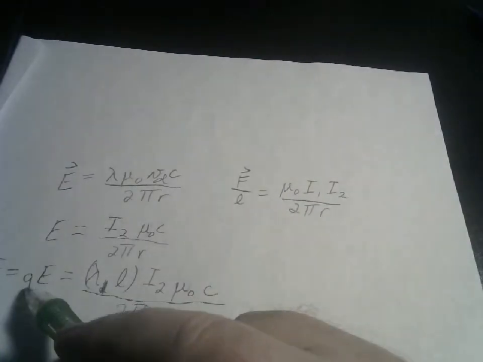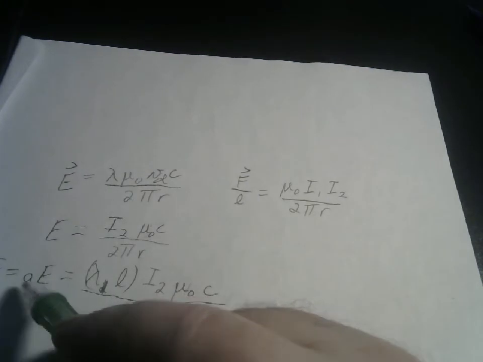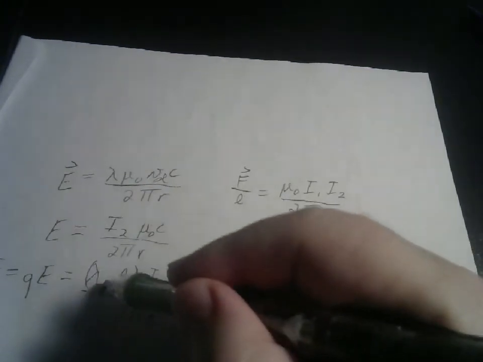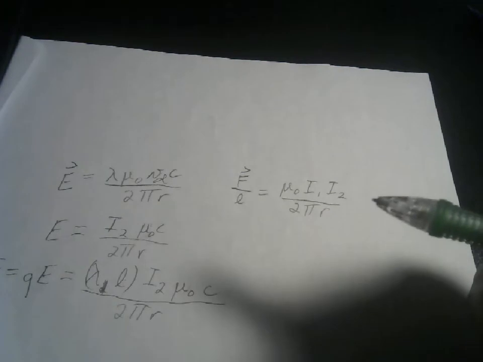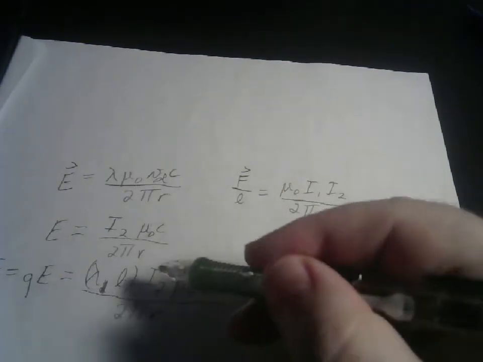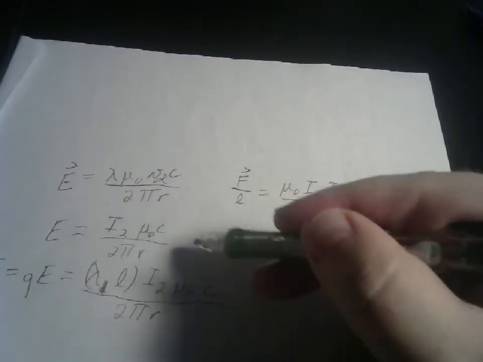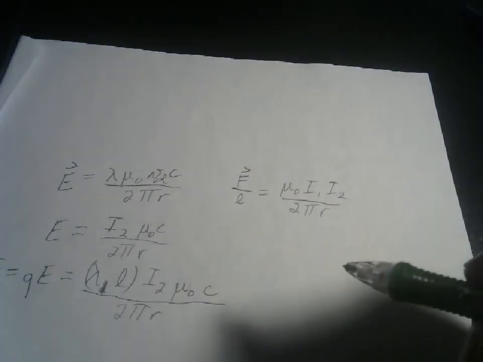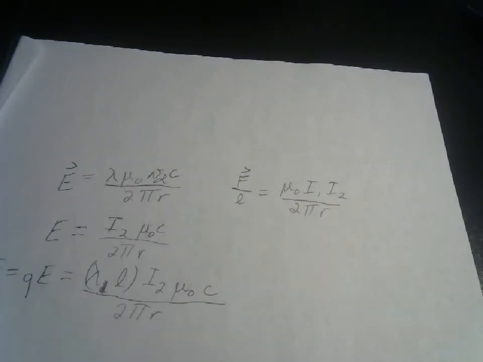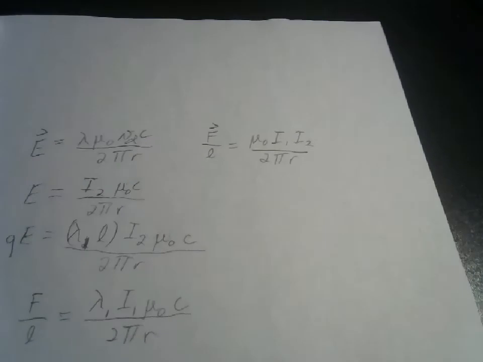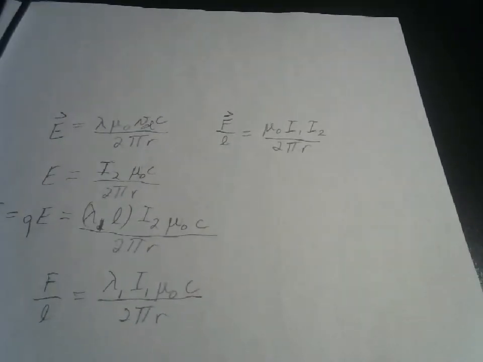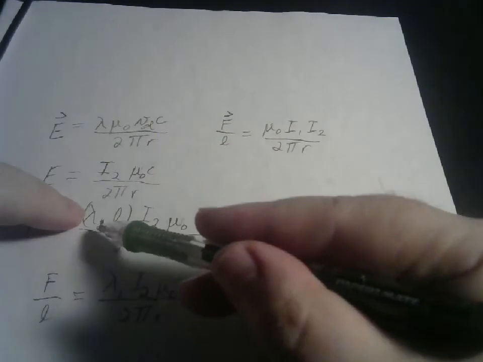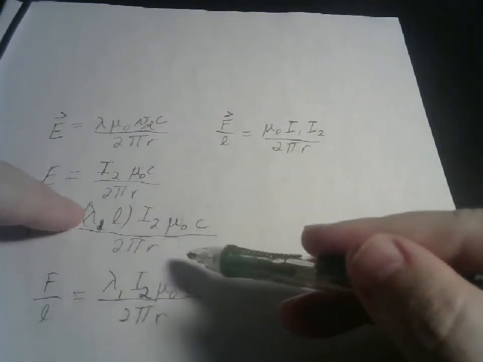And then multiplying by the charge in the other wire, you get lambda 1 L times, and then multiply by I2 mu sub naught c over 2 pi r. And then we'll divide by L, and I get mu sub naught I1, lambda 1 I2 mu sub naught c over 2 pi r.